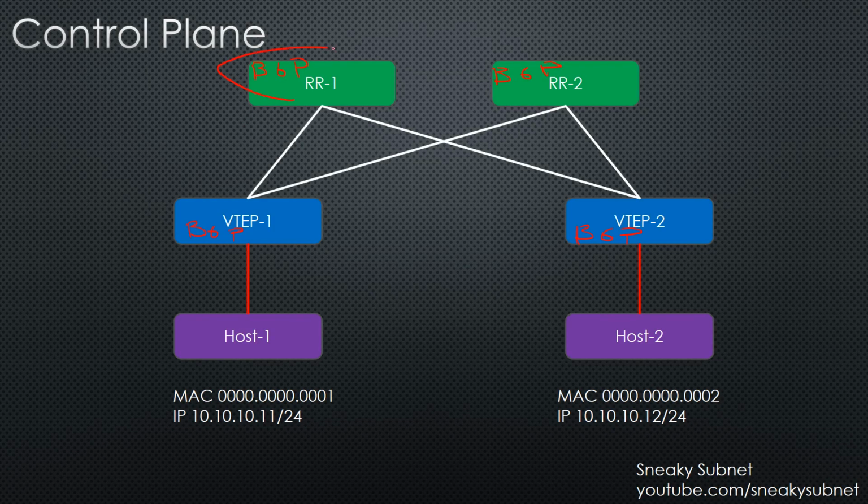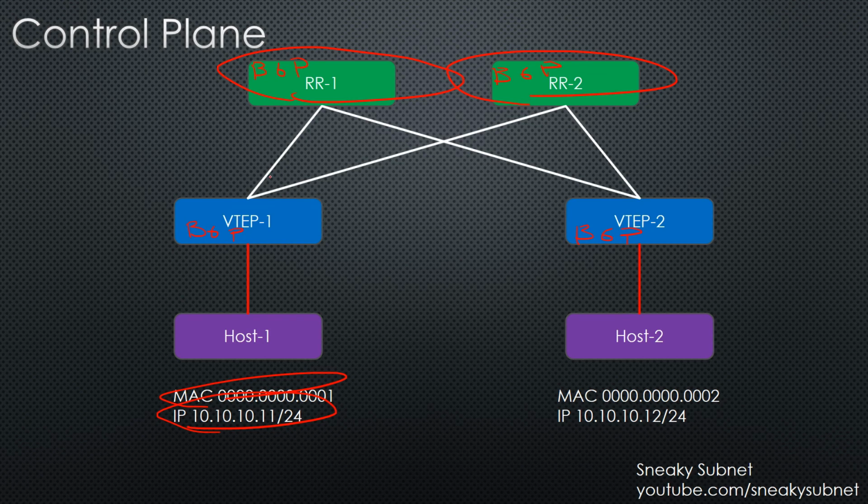So from a BGP standpoint and from an EVPN standpoint, they are only BGP routers. The whole idea behind those guys is to exchange routing information. In the case of regular BGP, it's IP prefixes. In the case of BGP EVPN, it would be MAC addresses, IP addresses, and also prefixes.